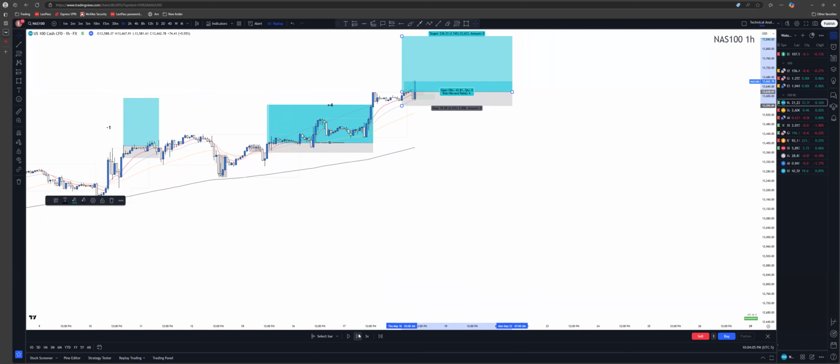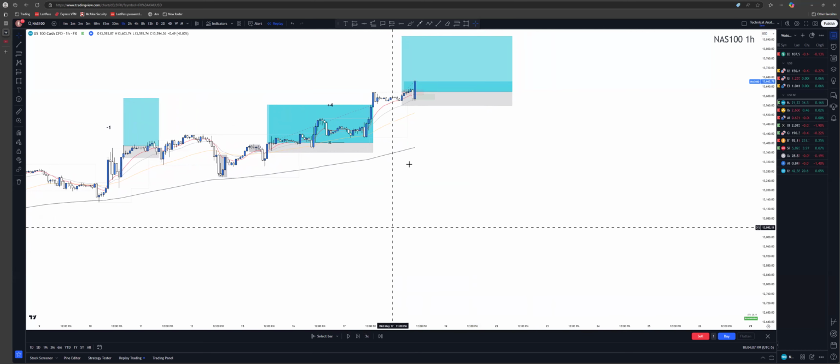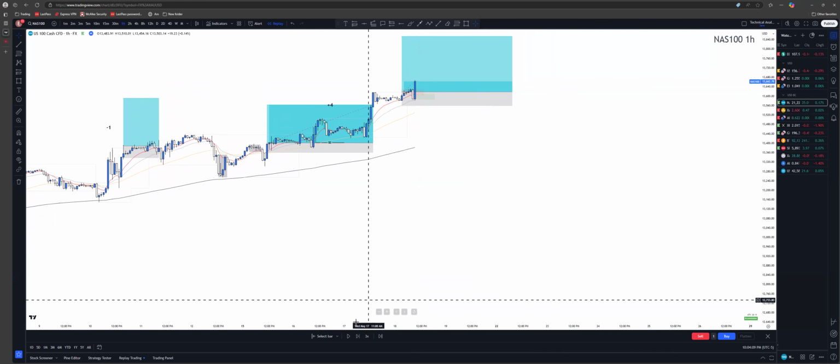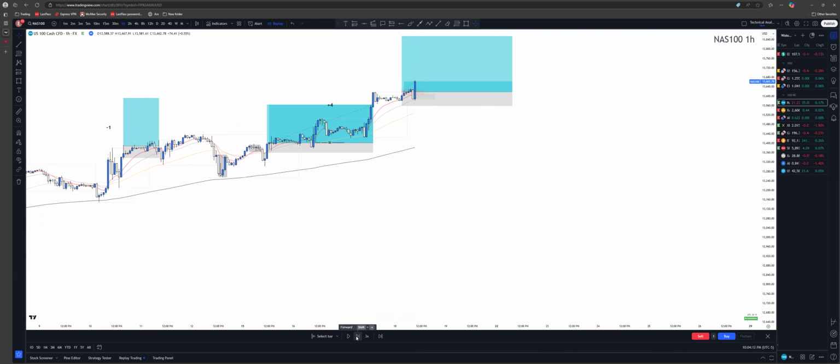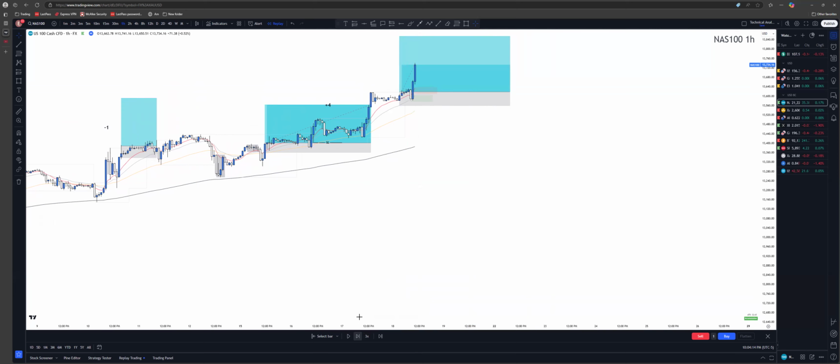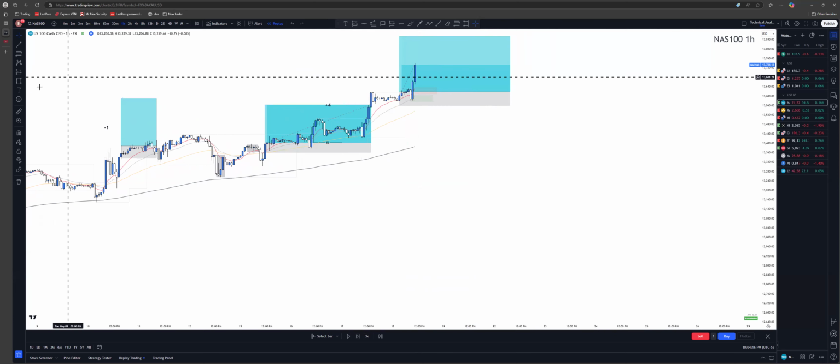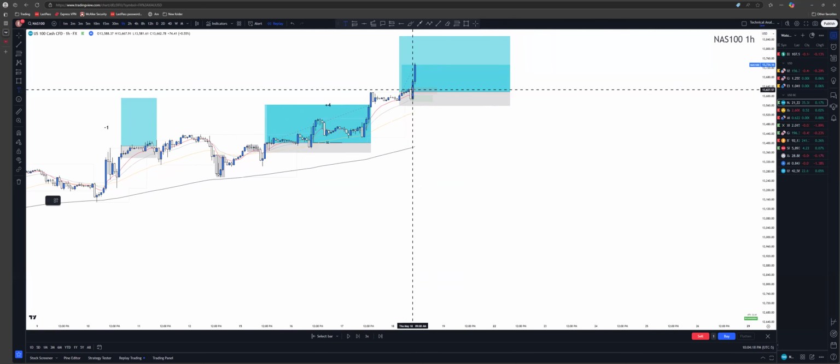Another push above this high. The high wick, we can move break even. And we can move break even right here.